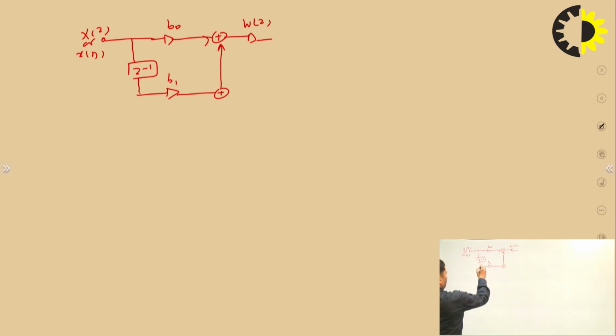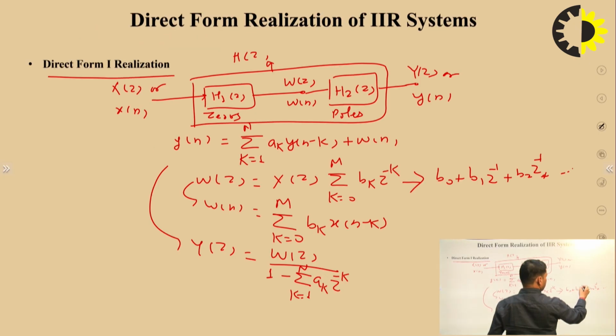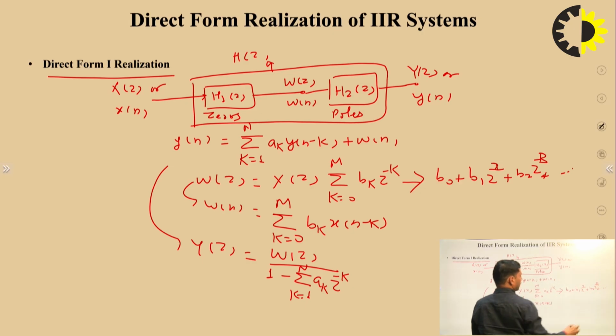Then after that b1, b naught, here the output we are getting what? b naught X(z) plus b1 z inverse. Then we have z raised to power minus 2, z raised to power minus 3, like this.